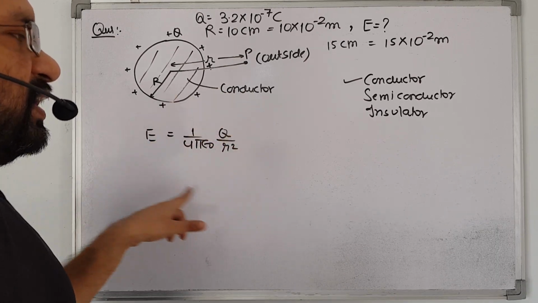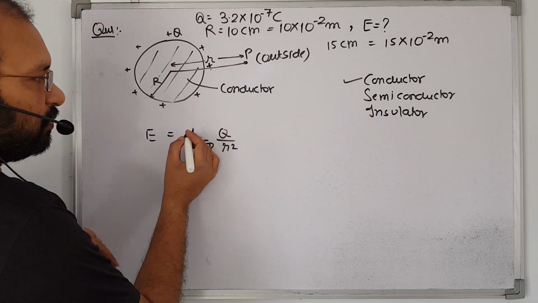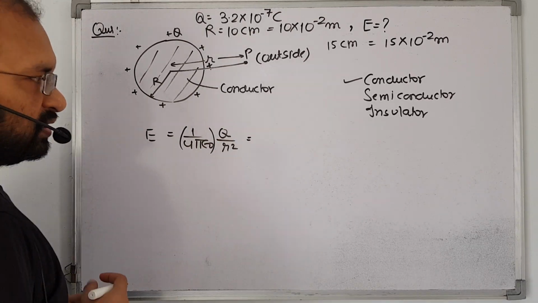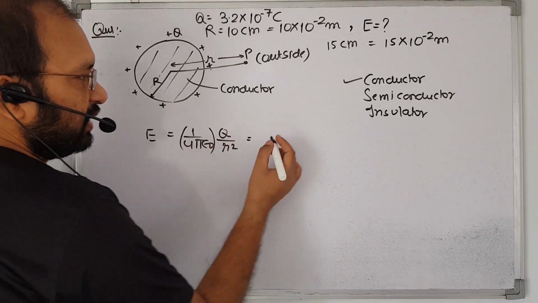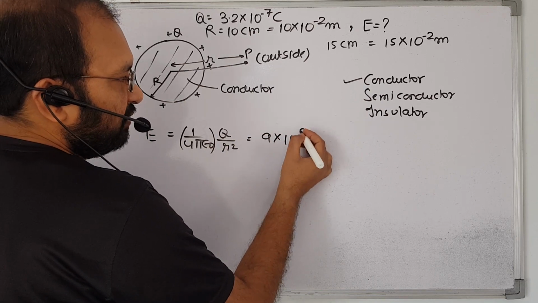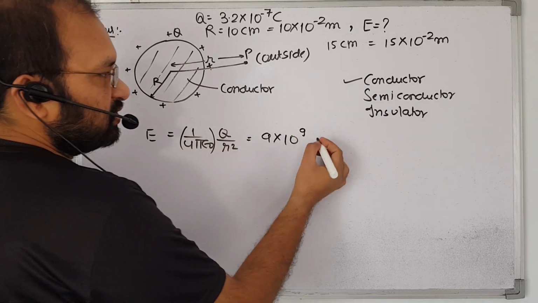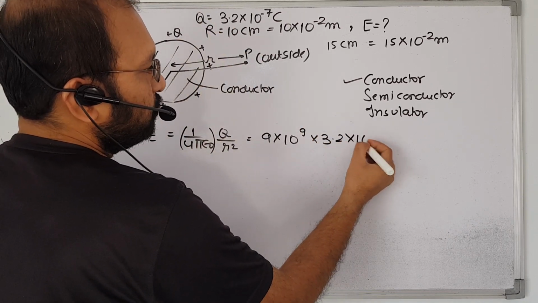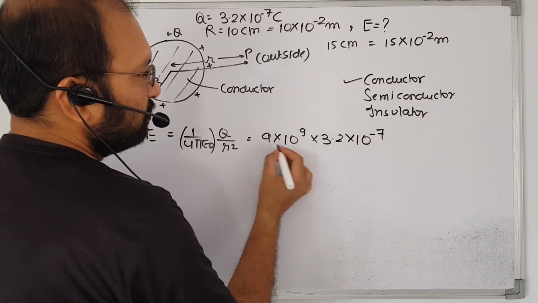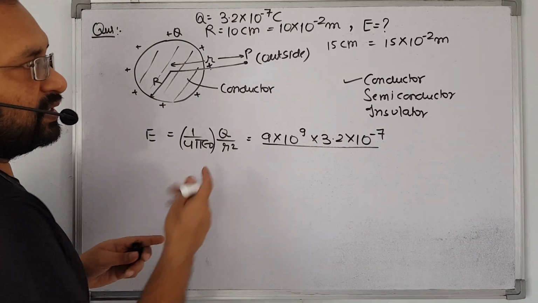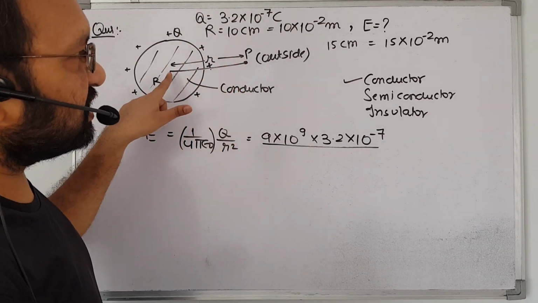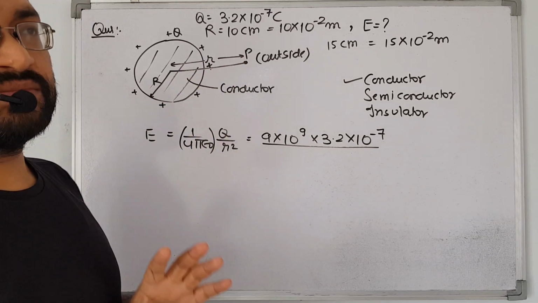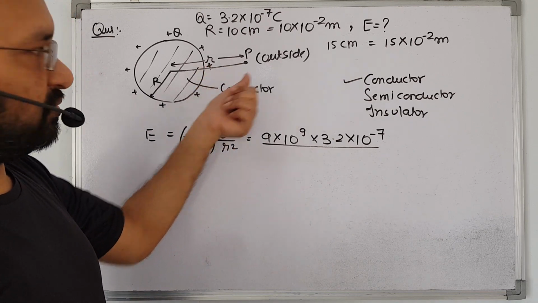The value of 1/(4πε₀) is given in the question and we all know it: 9 × 10^9. The charge q is the whole charge, 3.2 × 10^-7 coulomb, upon r². Small r is the distance from the center of the sphere, not from the surface. Sometimes students make mistakes related to this.